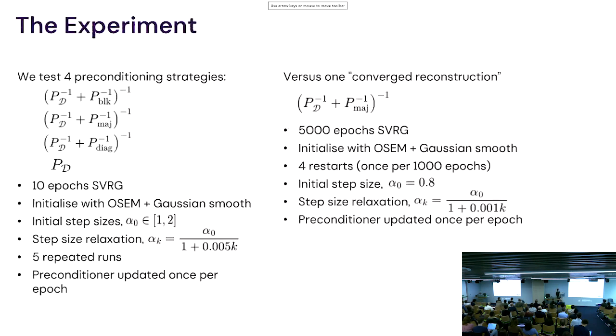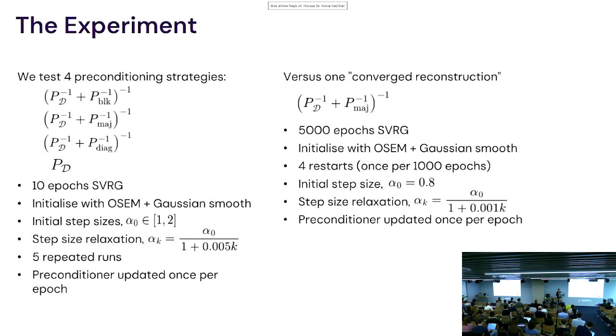And so for our experiment, still in its quite preliminary stages, we test 4 different preconditioning strategies. So this block diagonal matrix, the majorizing diagonal where we involve the cross-modality coupling terms, the one where we throw away these cross-modality coupling terms, and finally just our EM-type preconditioner.